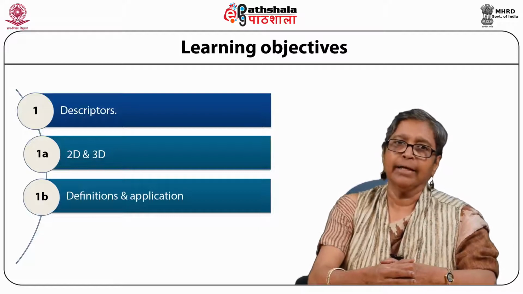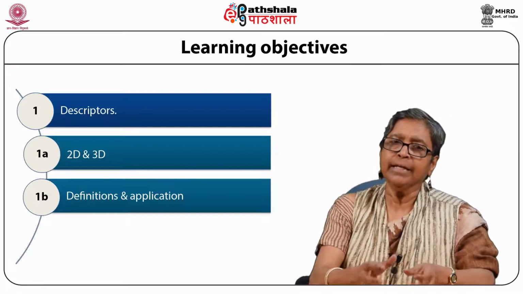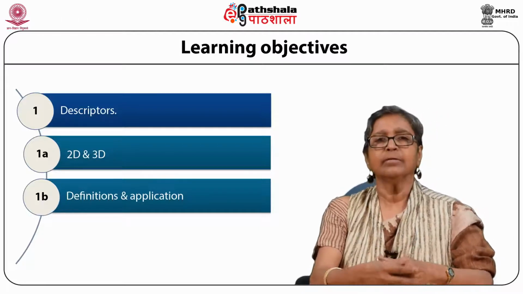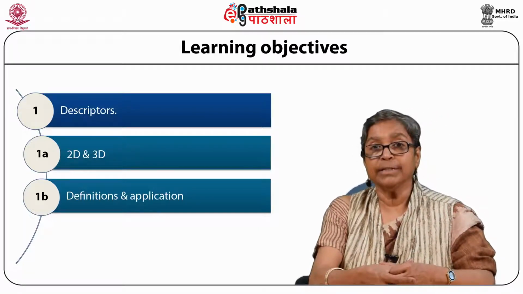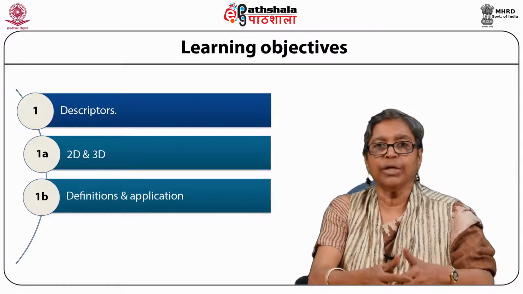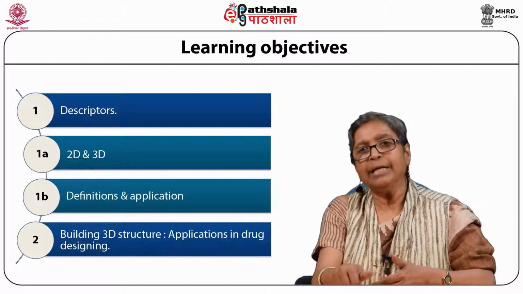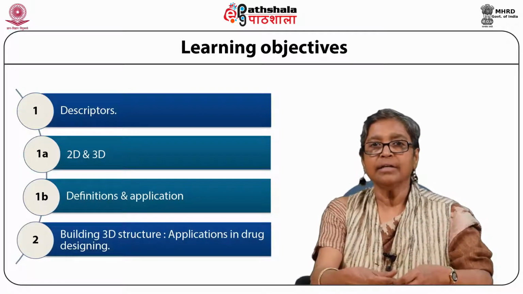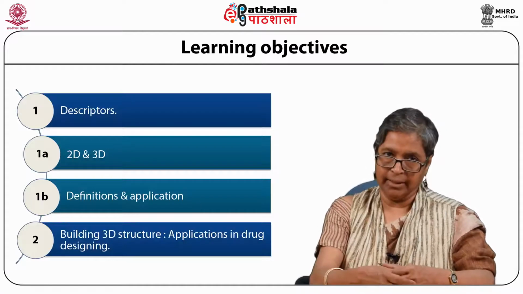In the beginning, we will be learning mostly about 1D or 2D descriptors. Next, we will see how to go from these notations to build 3D structures and what their applications are in understanding drug design.